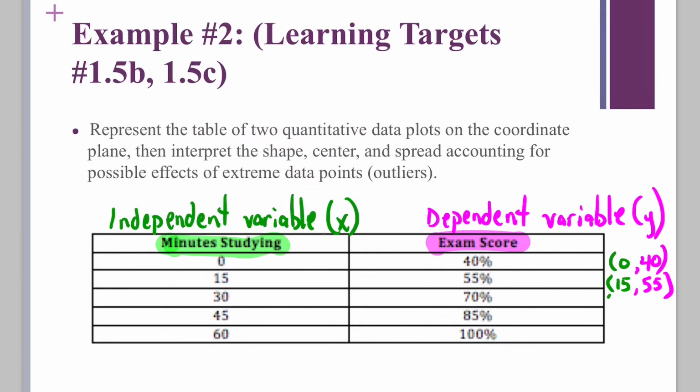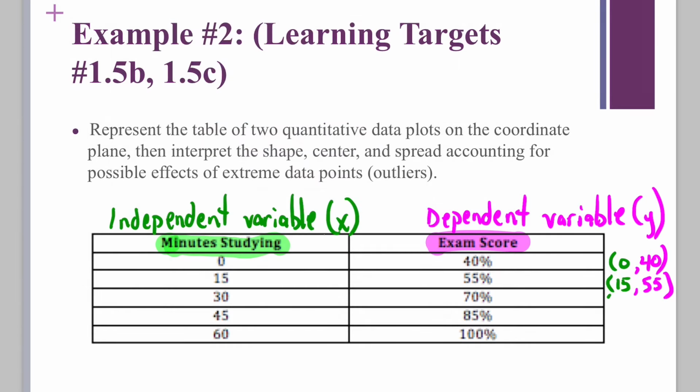And then lastly, if we were to study for a full 60 minutes or 1 hour, we would estimate that our exam score would be a 100%. Now you may recognize these as ordered pairs, but these ordered pairs are showing a relationship between the minutes studying and an exam score.